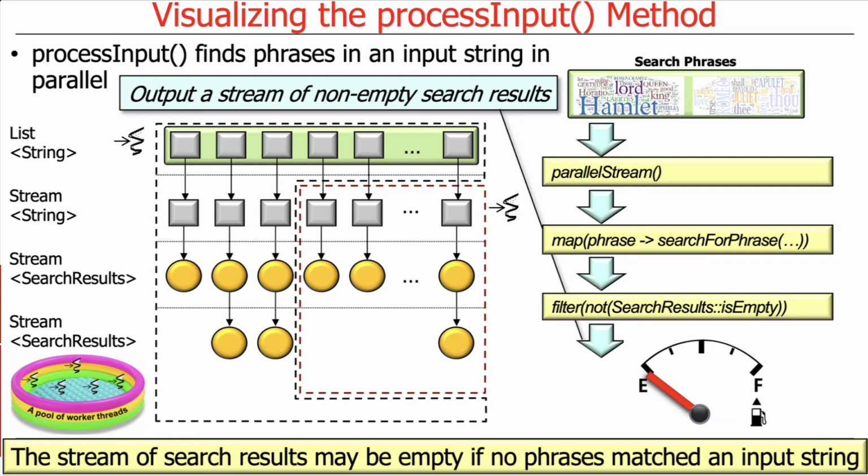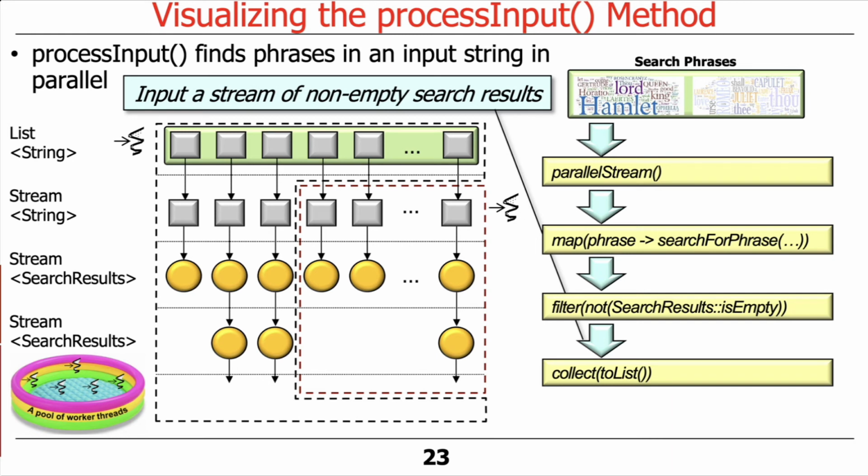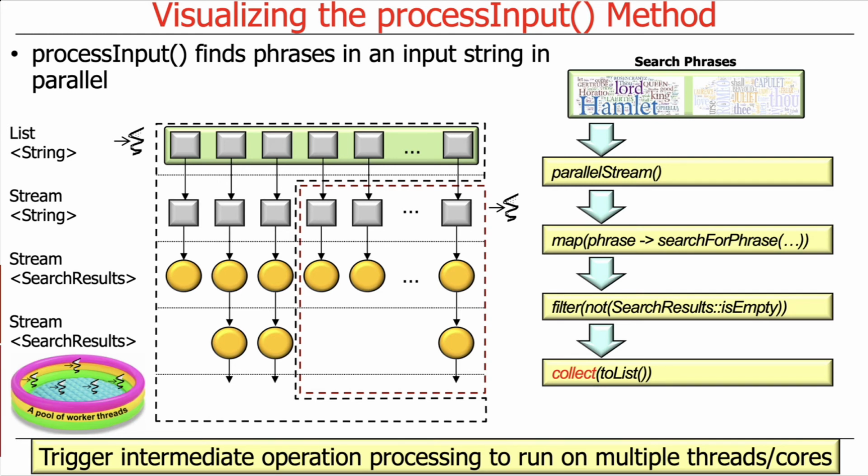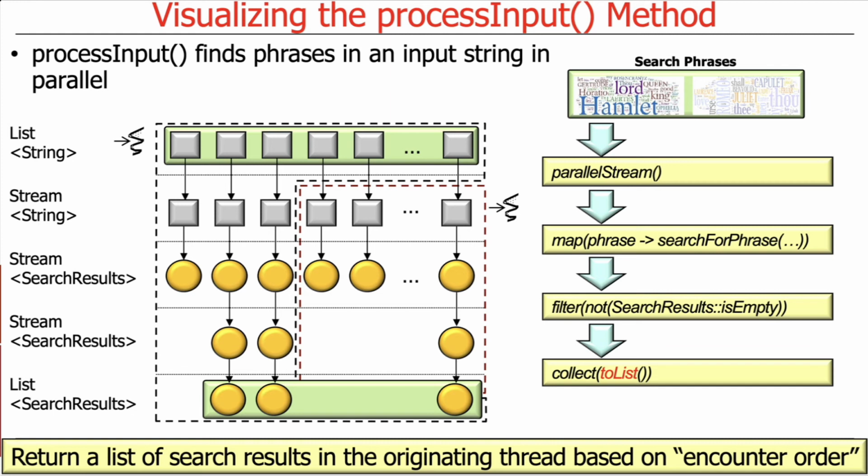Kind of said that before. And then the last thing we do here is we collect that stream of non-empty search results into a list. So collect, again, triggers the intermediate operation processing. List is what gives us the particular data structure that is used to collect into. That's what the collect method returns as part of the collector framework. And again, the results will be based on encounter order.